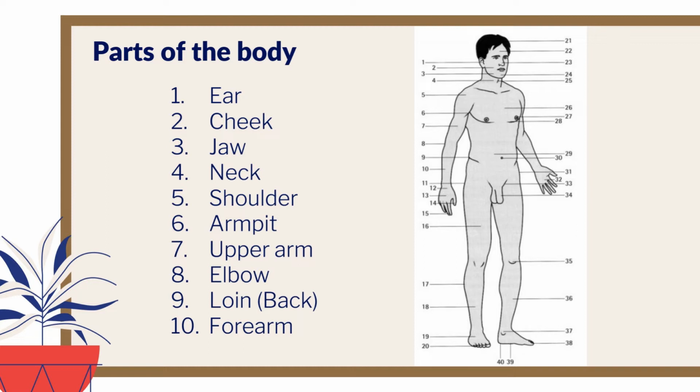So now in this image, you can see parts of the body indicated by numbers from 1 to 40. Now I want you to read them and memorize them, and also I want you to write them on a piece of paper. First we have ear. Number 2, cheek.